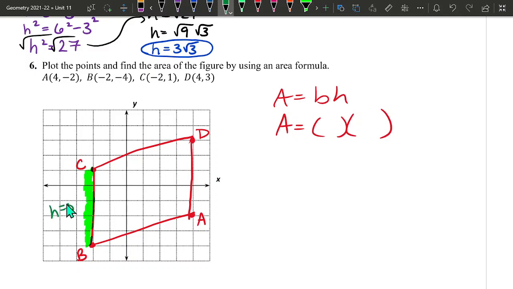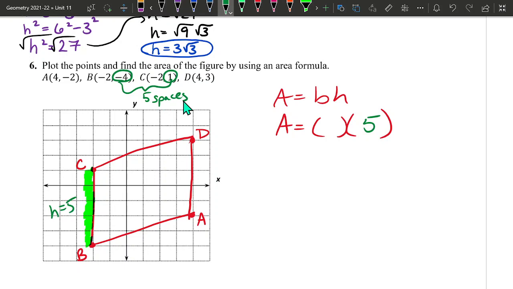So h equals 5. The height is also with the y's. So if you look at point C and point B and the y values, -4 and 1, the distance from -4 to 1 is a distance of 5 boxes or 5 spaces. So the height is 5.